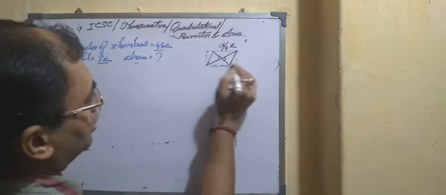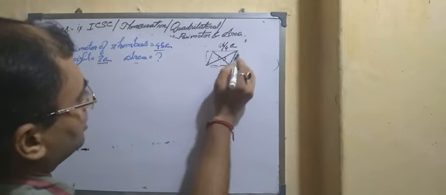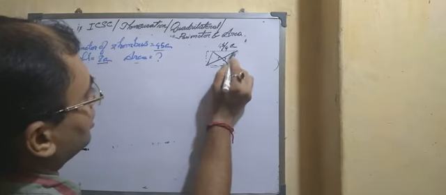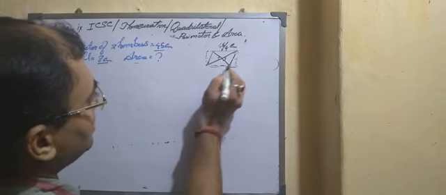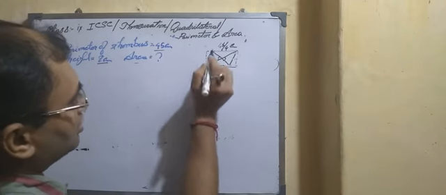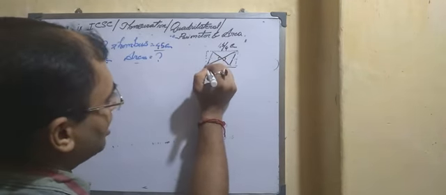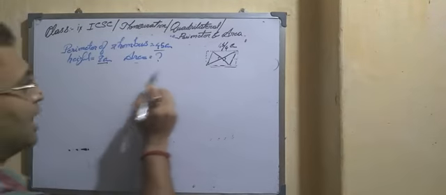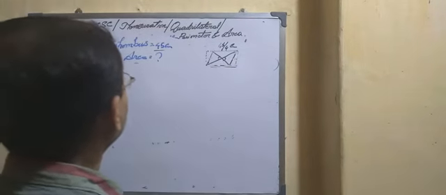Now this is the triangle where this is the base and this is the height. So height is given and also base is given.